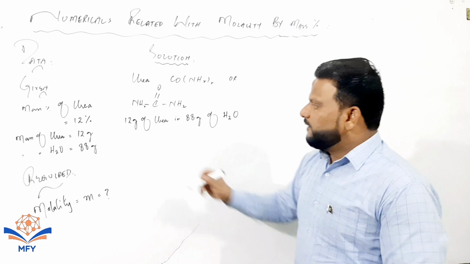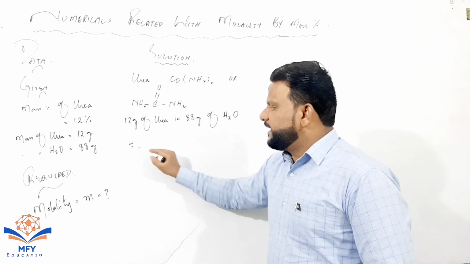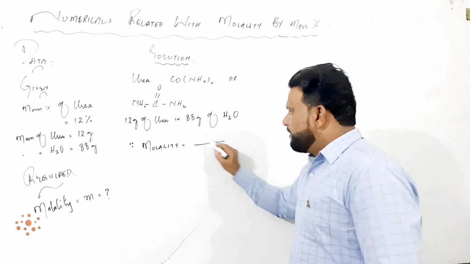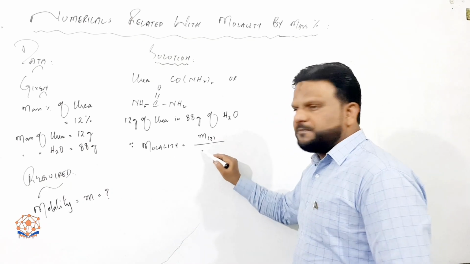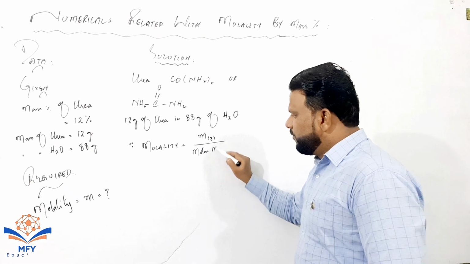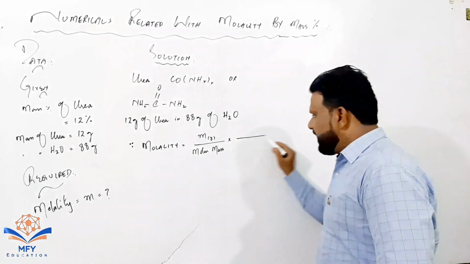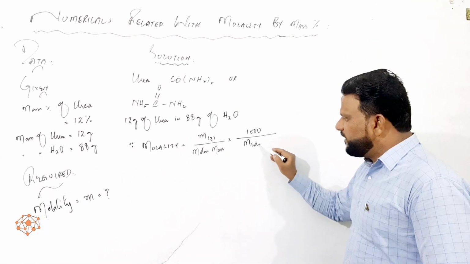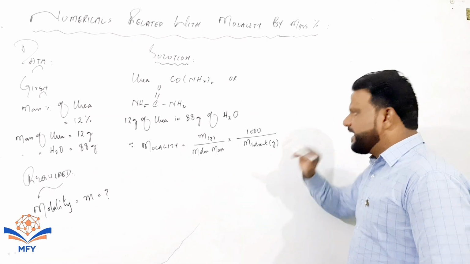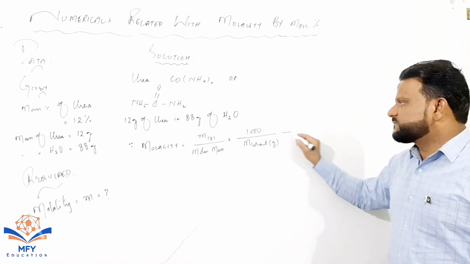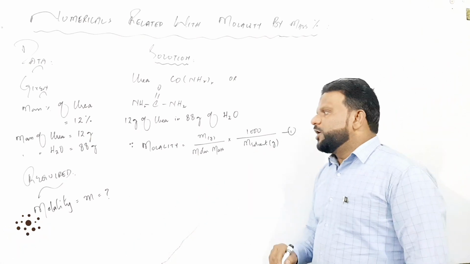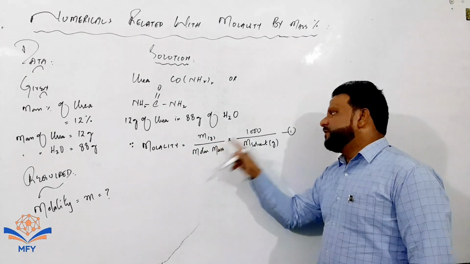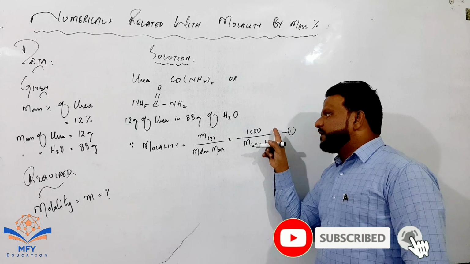Now the formula of molality: we know that it is mass of substance in grams divided by molar mass, multiplied by 1000, divided by the mass of solvent in grams. If the mass of solvent is in grams, you will have to multiply this ratio by 1000.